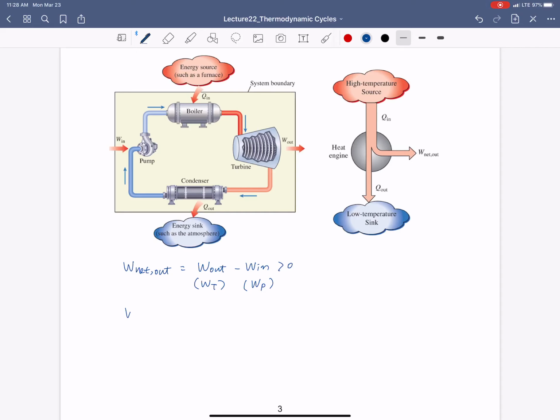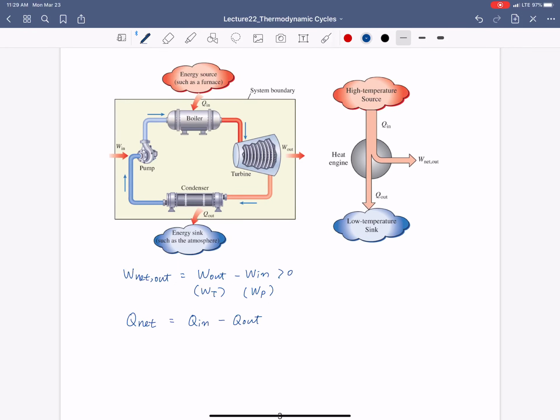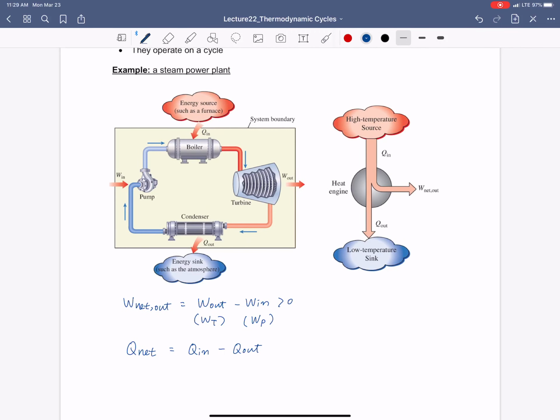So the net heat, Q net, can be written as Q in minus Q out.